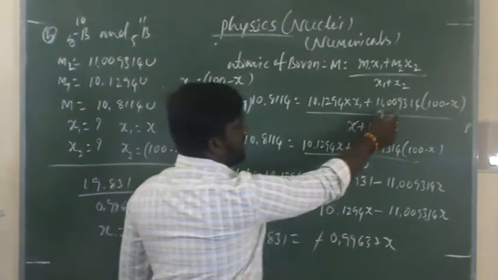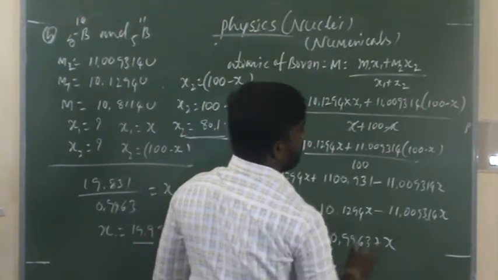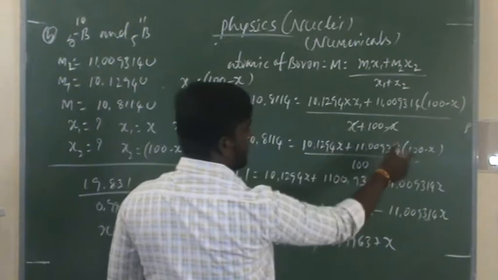So 11.09314 is multiplied with 100 minus x.